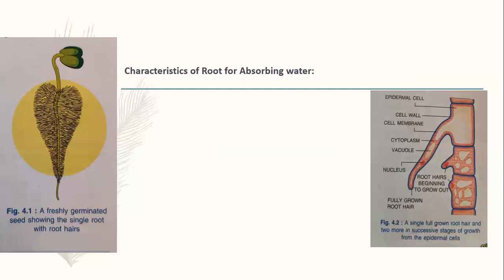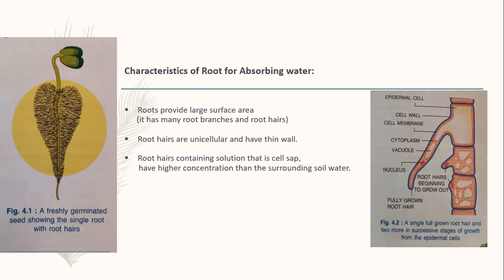Look at the diagram. It's a root hair. Root hairs are modified epidermal cells of the root. It has a large vacuole, cell wall, cell membrane, cytoplasm, etc. The cell wall is thin and allows the movement of water molecules and dissolved substances freely in and out.